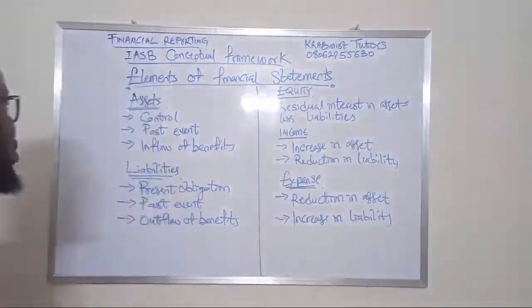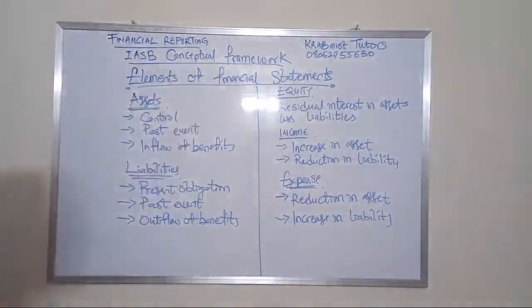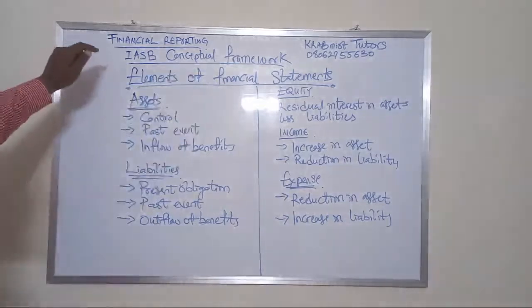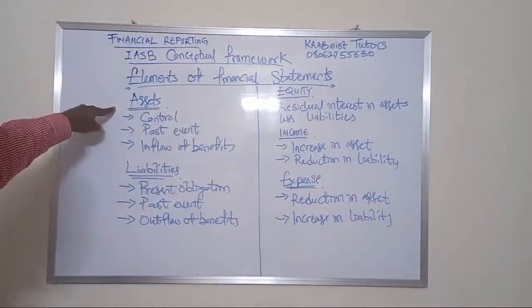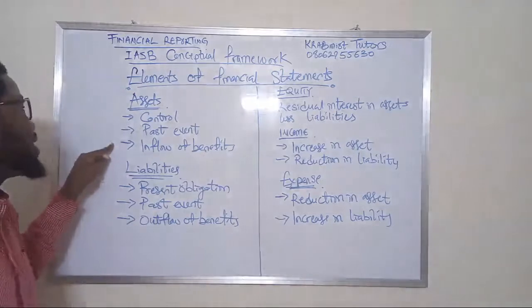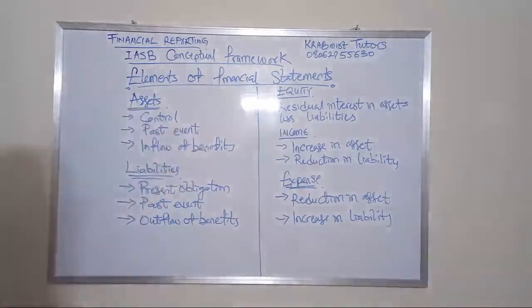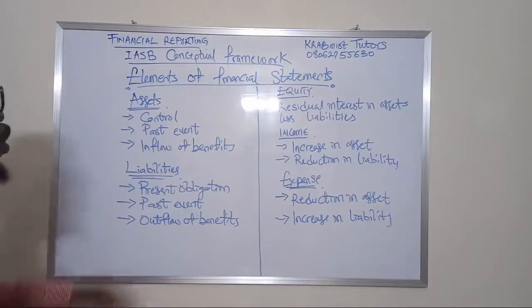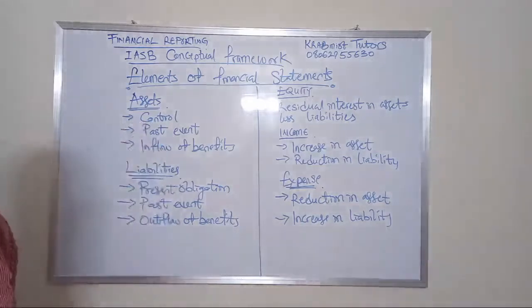Now let's look at what I wrote on the board. Elements of financial statements. We have the assets. In giving your definition, these are key things you have to put into mind. Control. You can't have an asset if you don't have control.